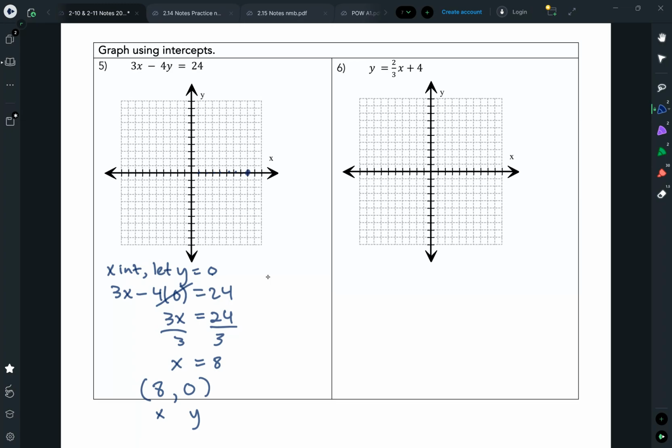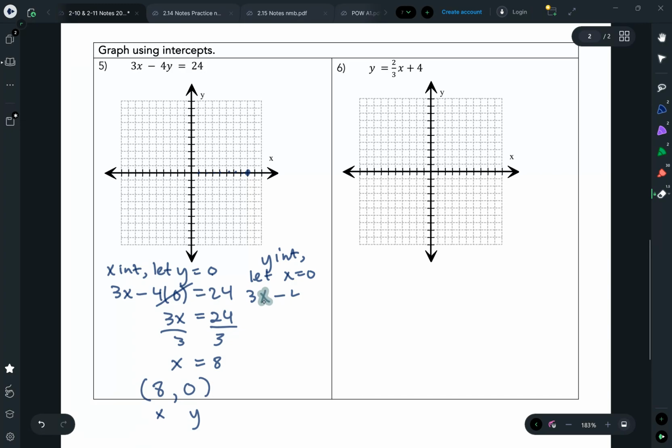All right, then I want to find my y-intercept. So I'm going to let x equal 0. So that means now I have 3x minus 4y equals 24, and I forgot to put my 0 in for x. 3 times 0 minus 4y equals 24.